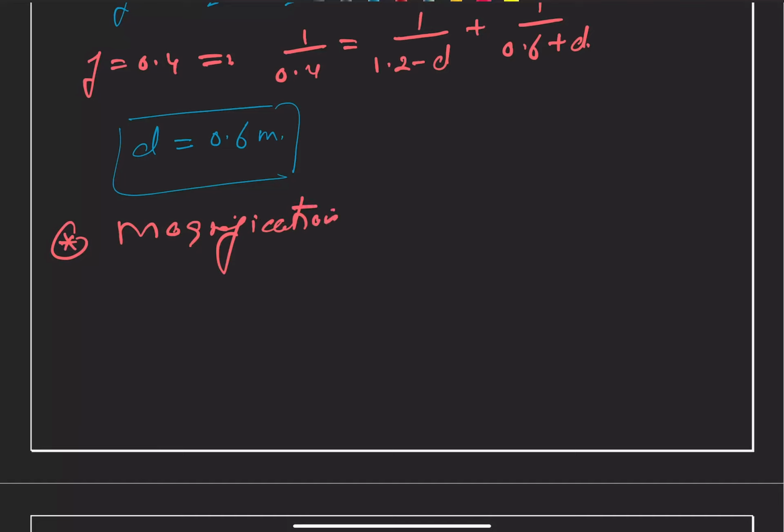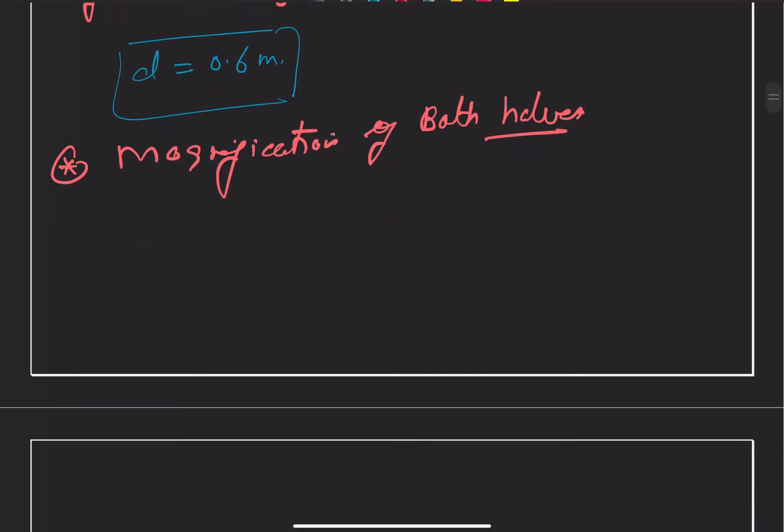Magnification of both halves. So we can write our first half will be m1, and that will equal to v upon u. So we get this as 1.2 divided by minus 0.6, giving us minus of 2.